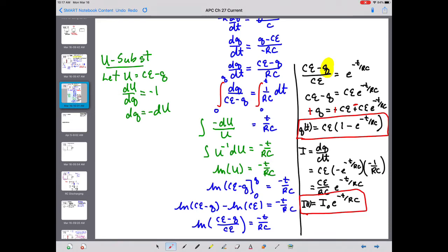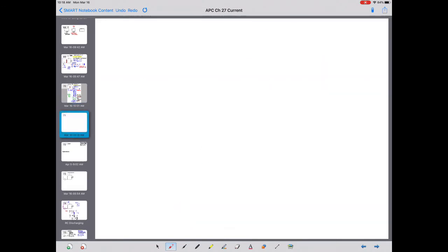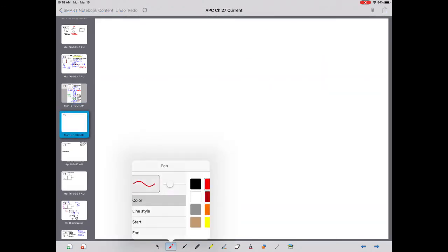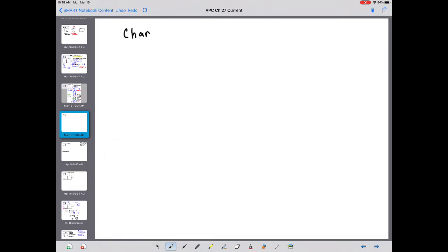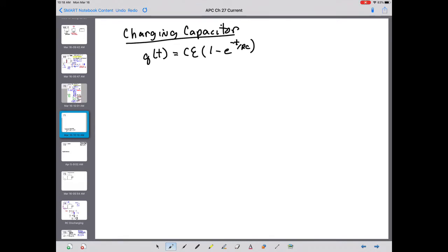Now, a couple things on a couple of our symbols here. So, our two equations. When you are charging your capacitor in an RC circuit, charge Q of t equals C EMF times (1 minus e to the negative t over RC).